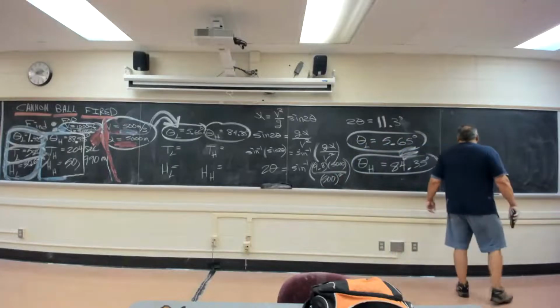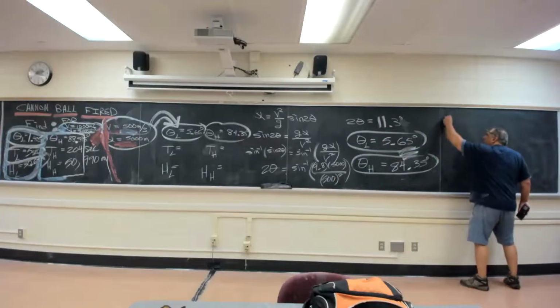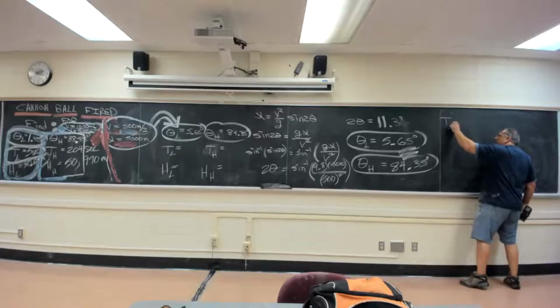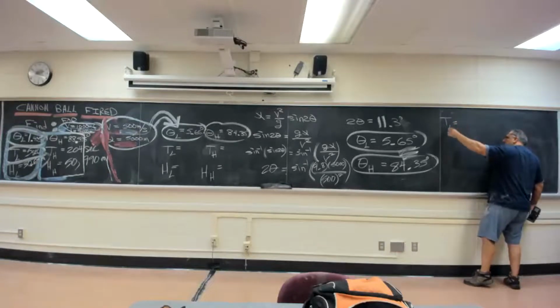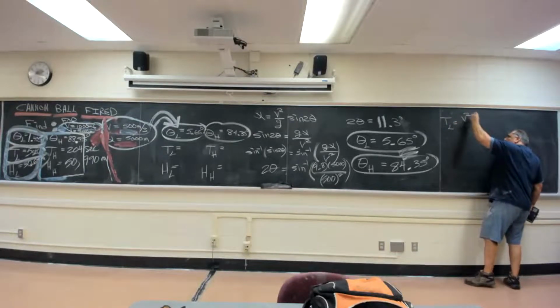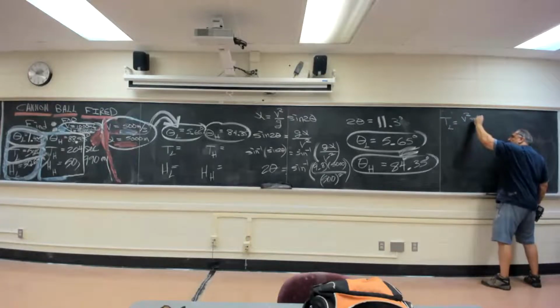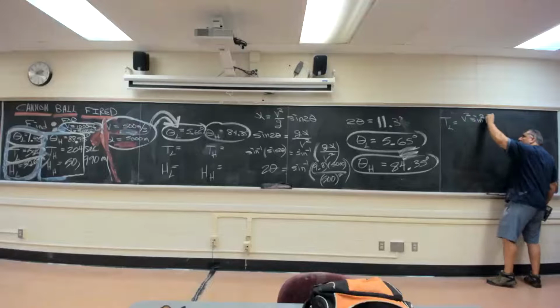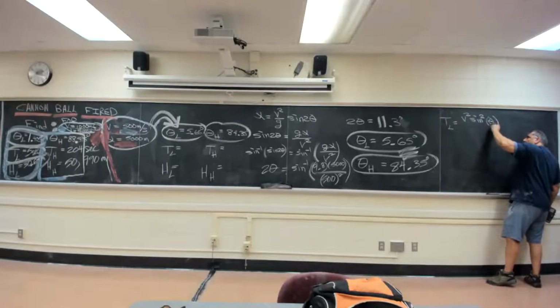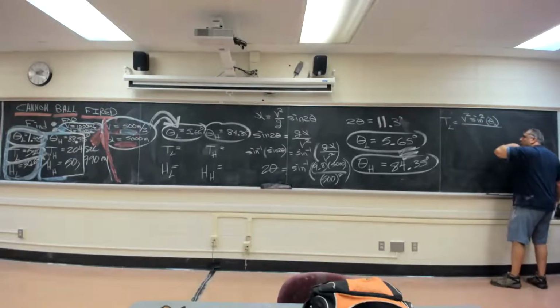So you look at situations where T sub L is going to be v squared sine squared theta L over, forgive me, g.